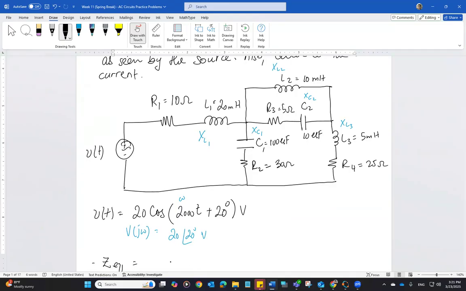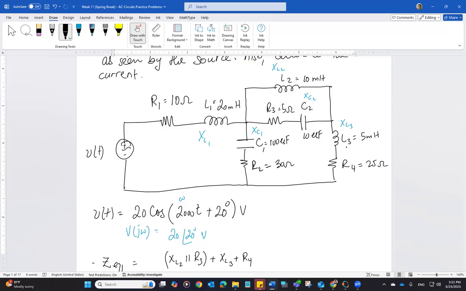So XL2 parallel to R3, and they are in series with XL3, which is in series with R4. So that will be the equivalent of these components.